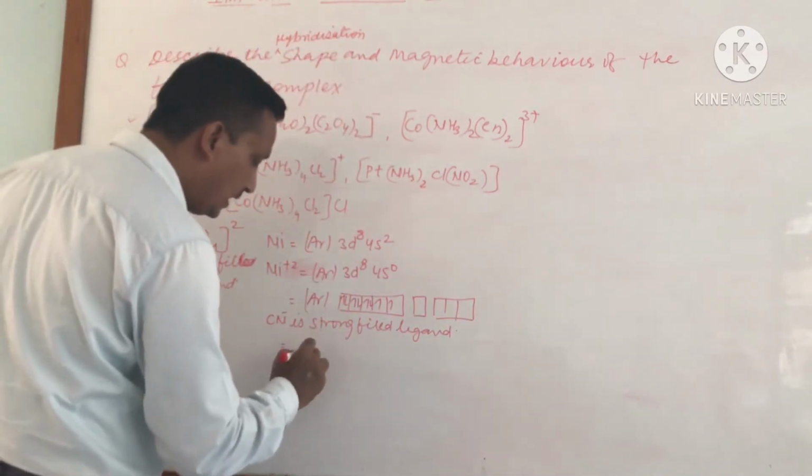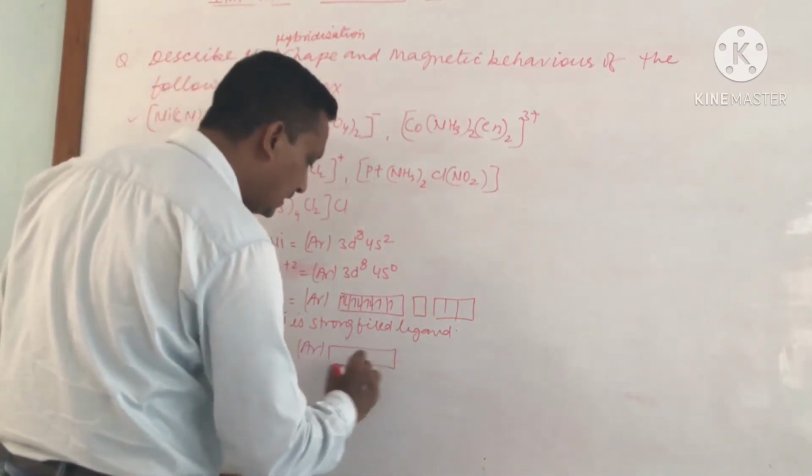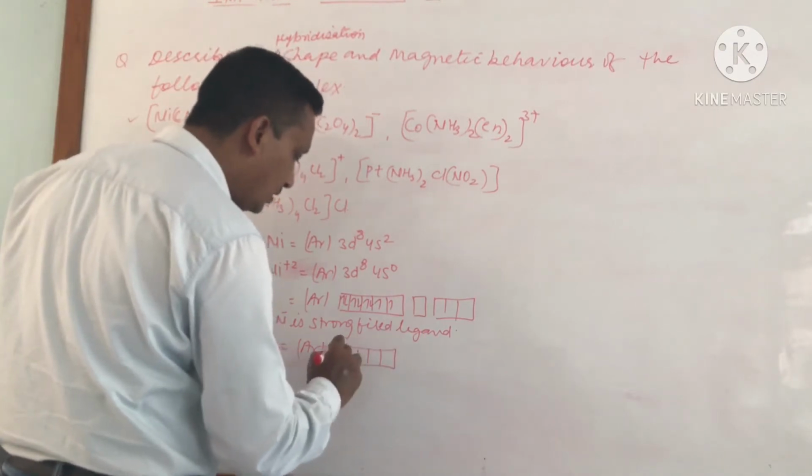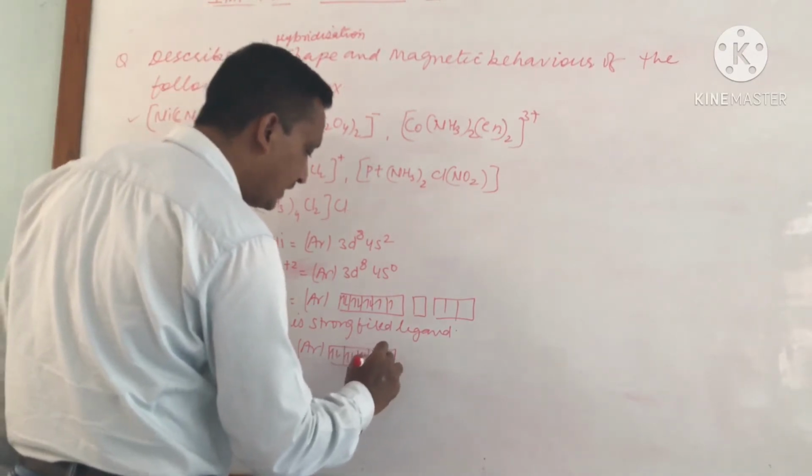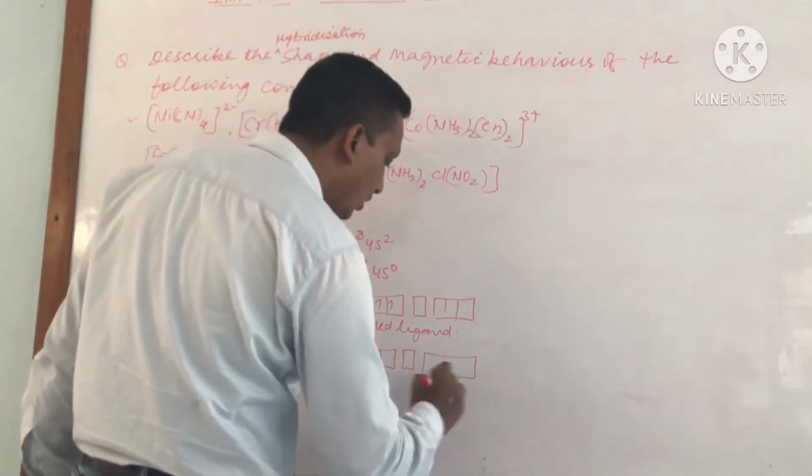Therefore it will pair up the electrons, and we get the electronic configuration like this: 1 2 3 4 5 6 7 8, and the s and p orbitals would be vacant.